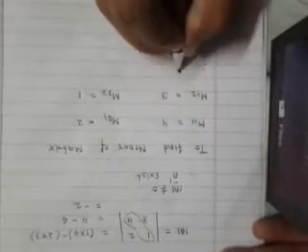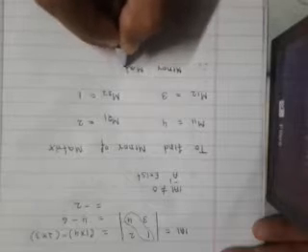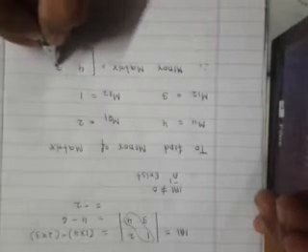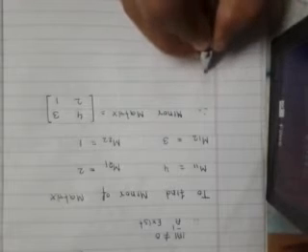So therefore the minor matrix we have is 4, 3, 2 and 1. Okay, after this the next step is to find the cofactor matrix.